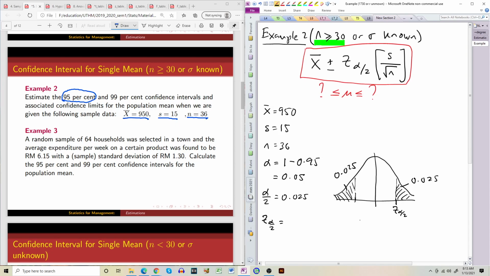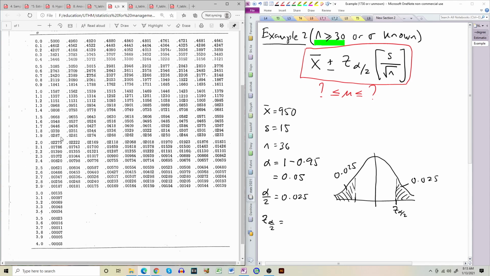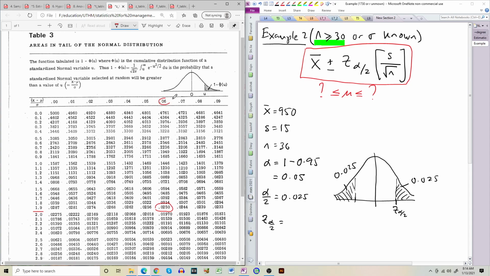Z alpha over 2, which one is giving, go to the Z table, 0.025, that is 1.9 and 1.96. So this is actually 1.96. That's how you find Z alpha over 2, 1.96.